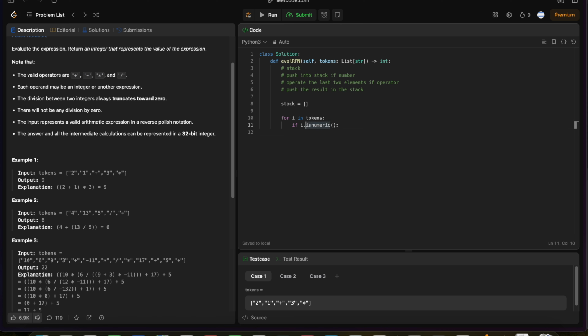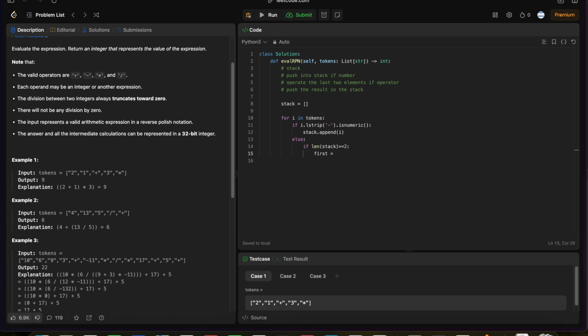Okay, so if i.lstrip minus, we remove the minus, then check isnumeric, and if so, then we append the value. Else we check the length of the stack. It has to be greater than or equal to 2, because we need two numbers for the operands.